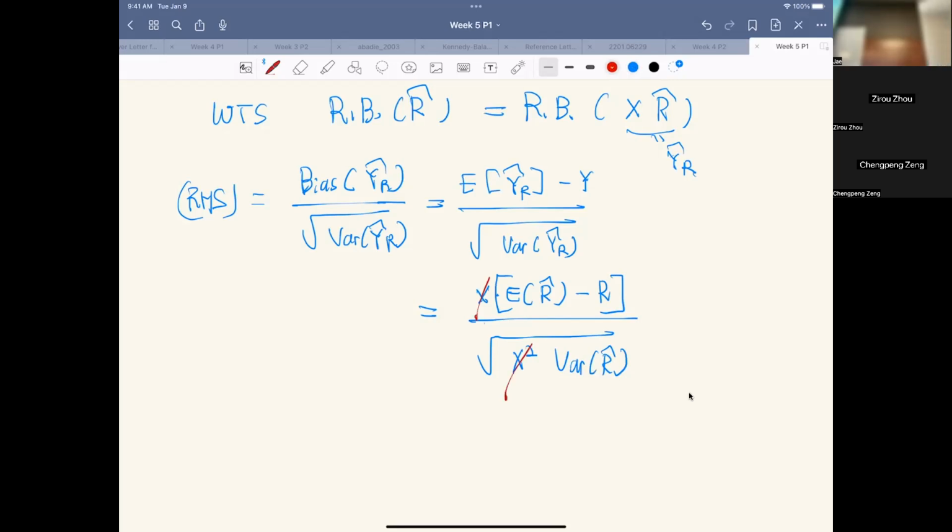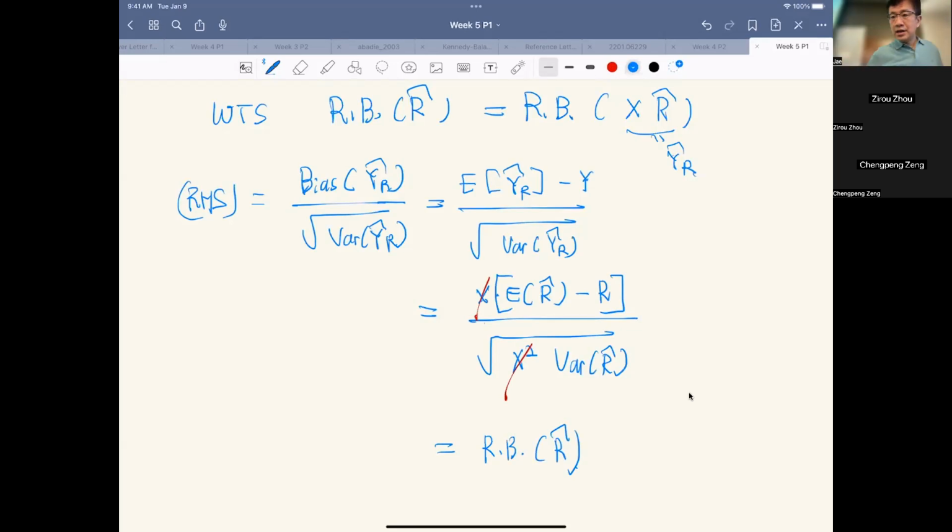So that is the relative bias of R hat. That means showing this property is enough, right? Same as showing the property of the ratio estimation.